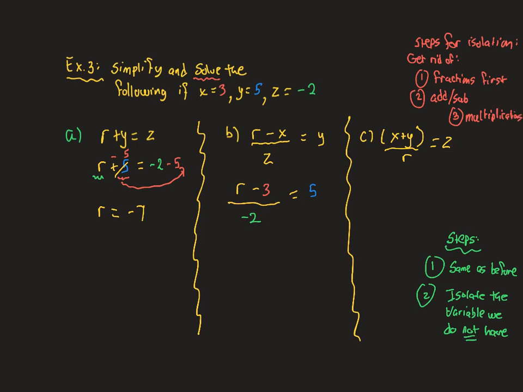Okay, so in this case, we have a -2 on the bottom. How do I get rid of it? By multiplying every side. So multiplying the top here and the top here by -2.